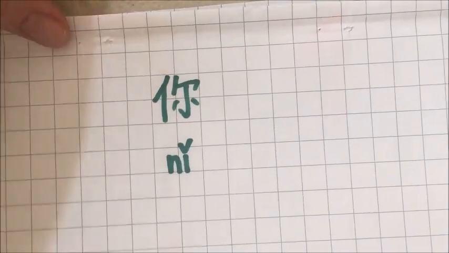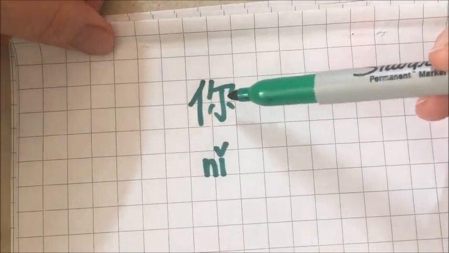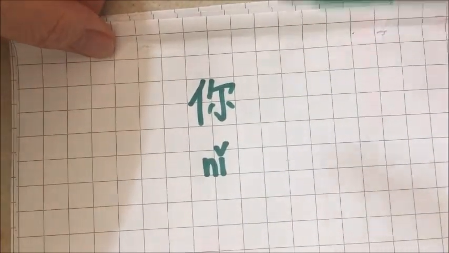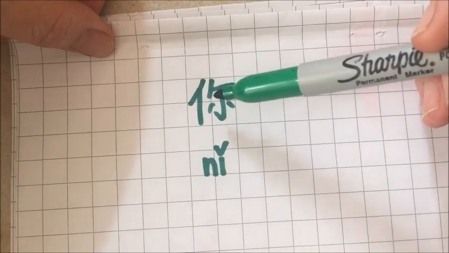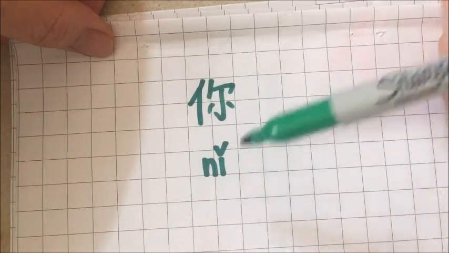Okay, so the first thing you need to know when we learn Chinese is that there are 2 ways in which we can express the character. So here you can see the Chinese character ni, which means you.